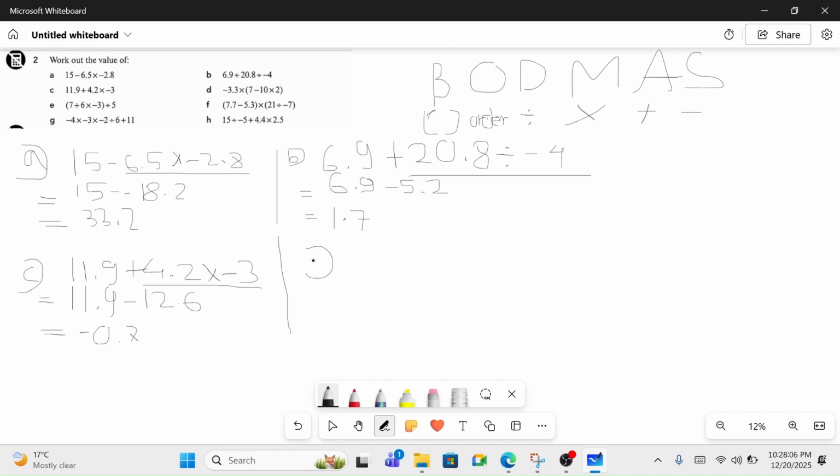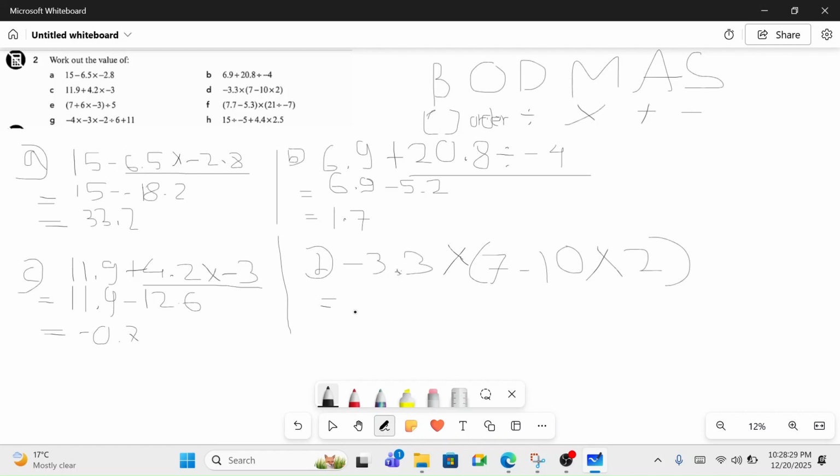Now D number: minus 3.3 times the bracket of 7 minus 10 times 2.